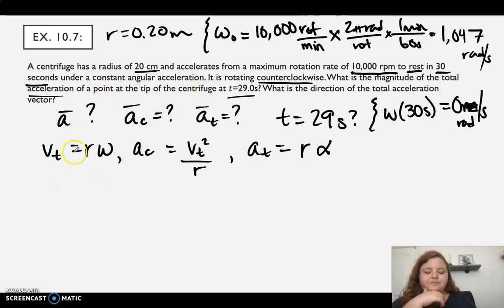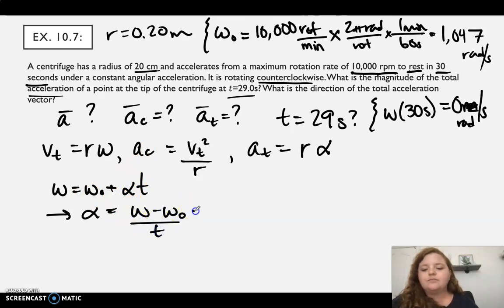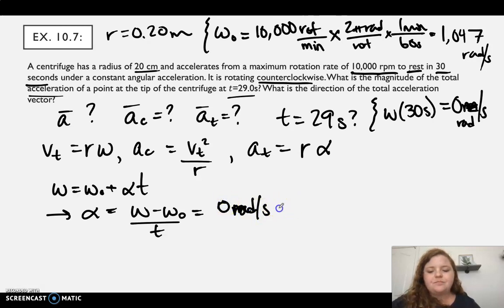So we have omega is equal to omega naught plus alpha t. And we'll solve for alpha. So we have omega minus omega naught over t. Omega, our final, is 0 radians per second, minus our initial, which we found was 1,000.